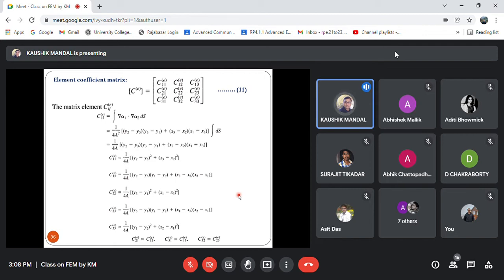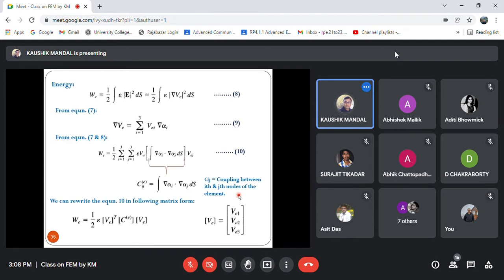If we move backward, this is the C of E. The total energy of the particular element can be found from these equations. From this equation, we are going to find this C of E, the element coefficient matrix.